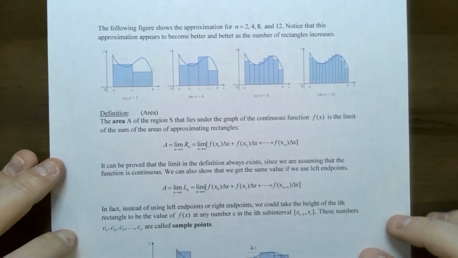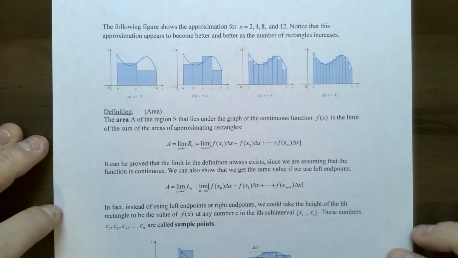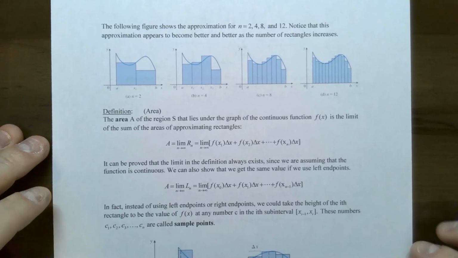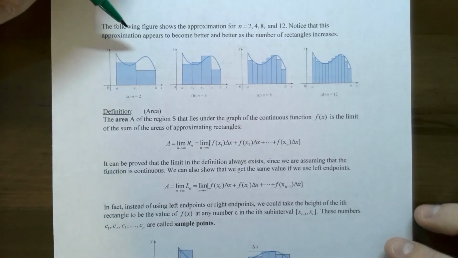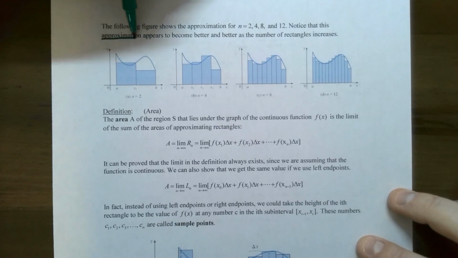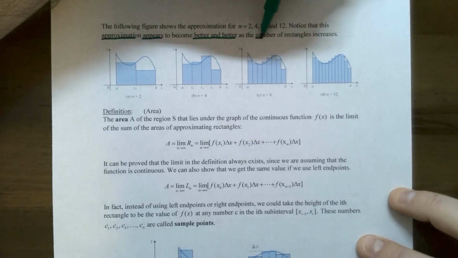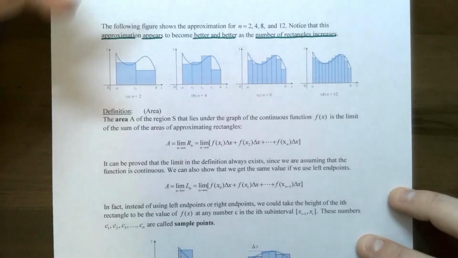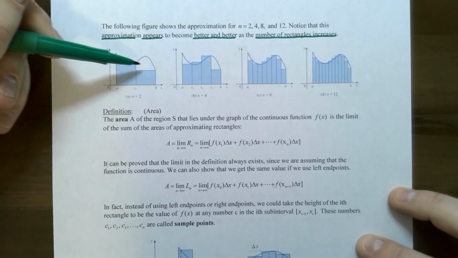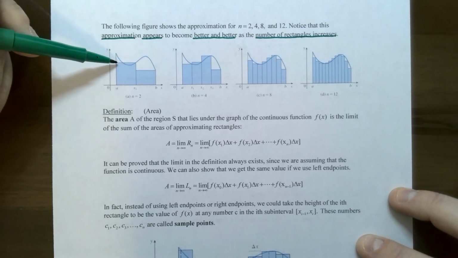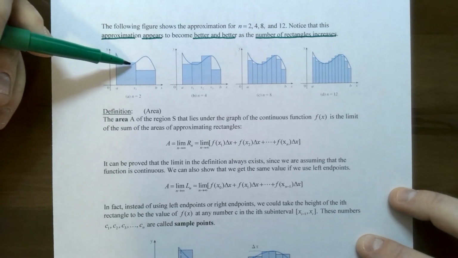So the following figure shows the approximation with 2, 4, 8, and 12 rectangles or subintervals. Notice that the approximation appears to become better and better as you increase the number of rectangles. So in your approximation using right endpoints, notice that the first rectangle may be an underestimate, but also has a little bit of area above the curve.